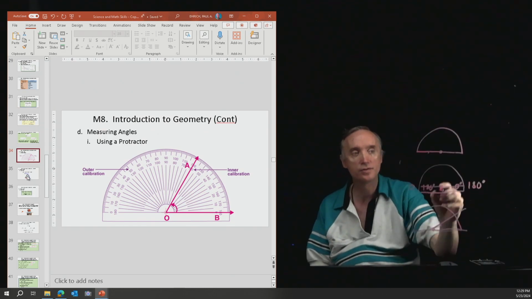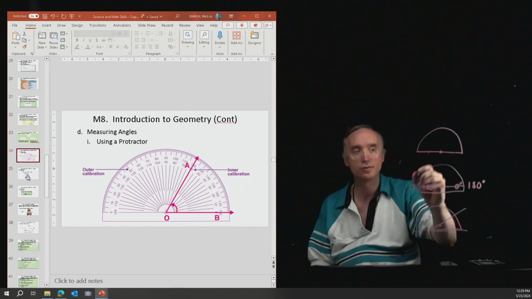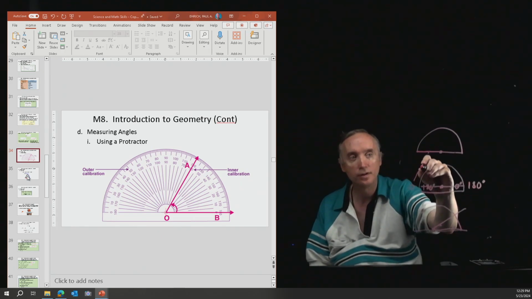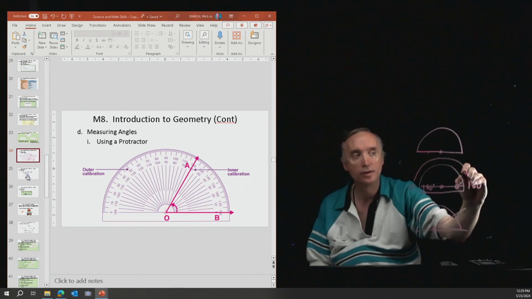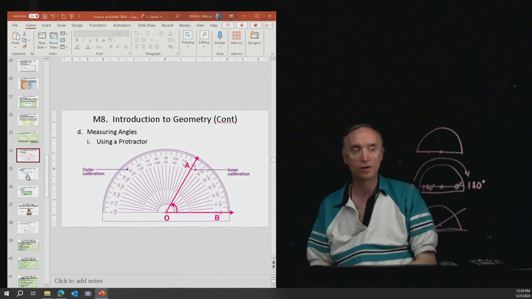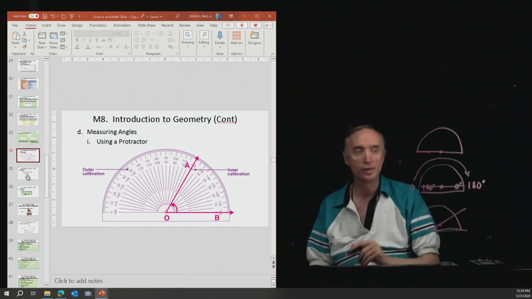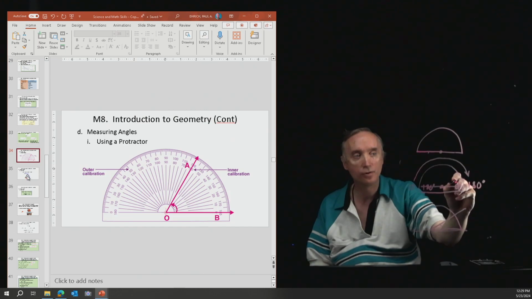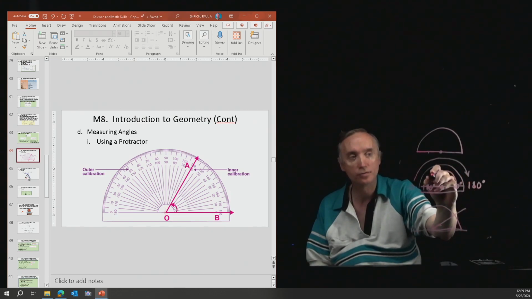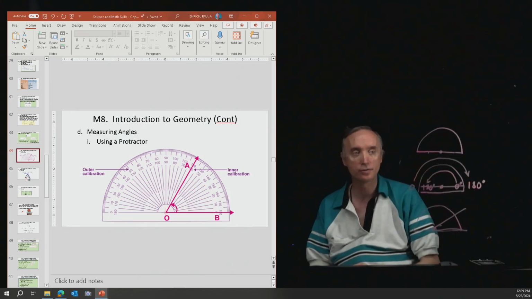So why is it that you have two sets of numbers? Well, this is if you're measuring angles that are going in that direction, and this is if you're measuring angles that are going in this direction.